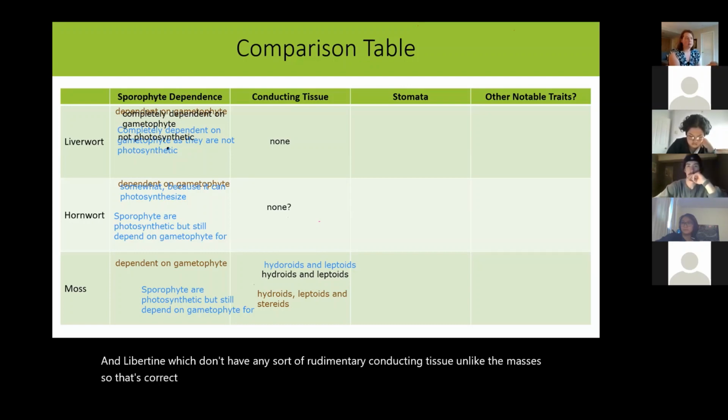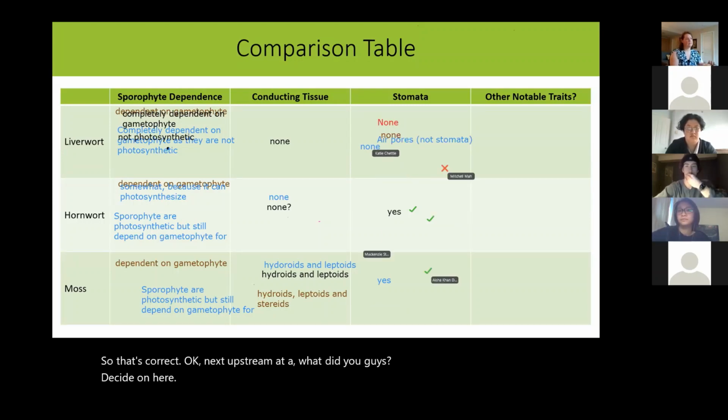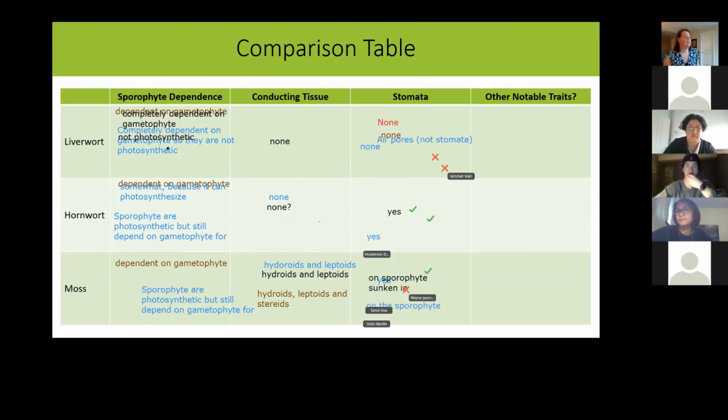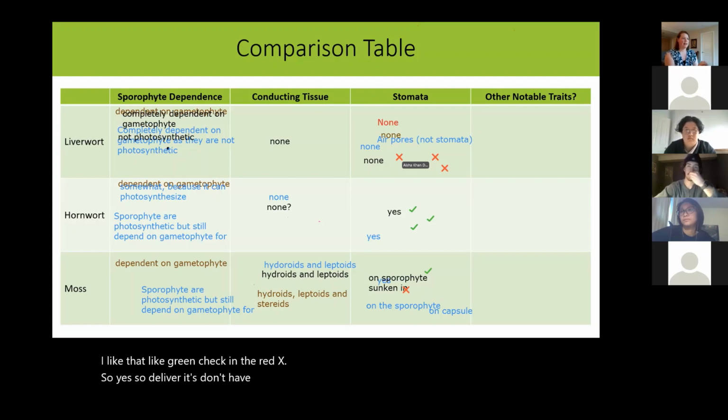Okay, next up, stomata. What did you guys decide on here? Oh, I like the green check and the red X. So yes, the liverworts don't have stomata, but hornworts and mosses do.